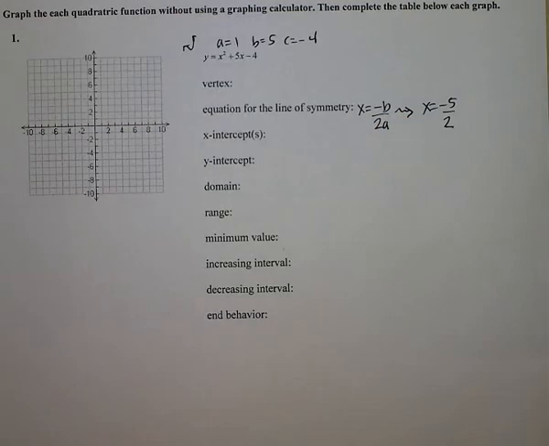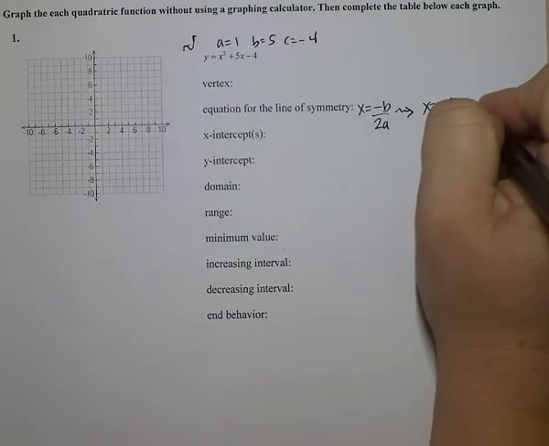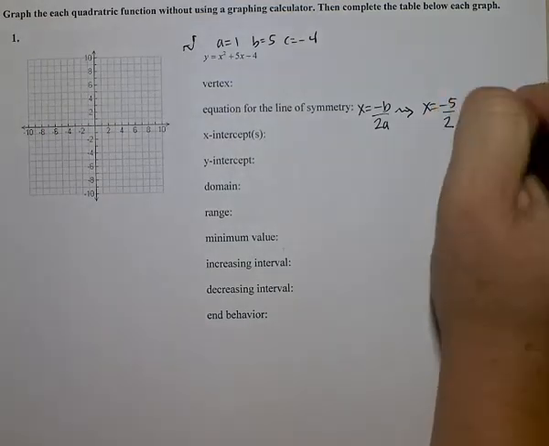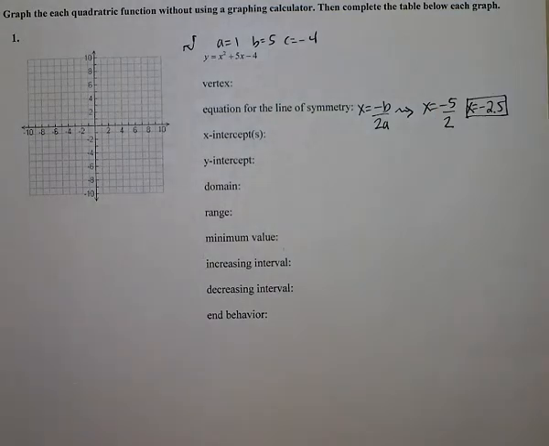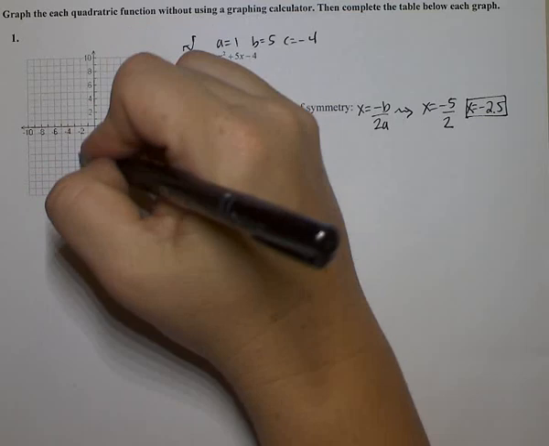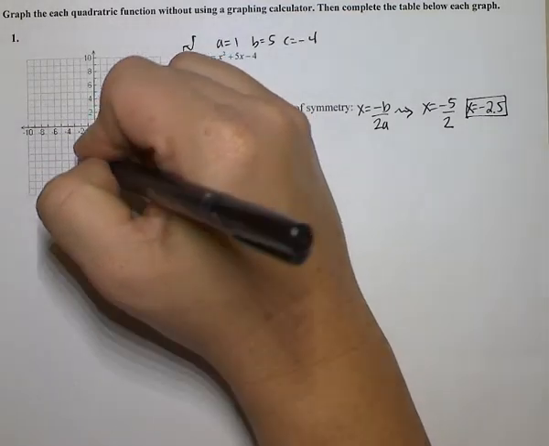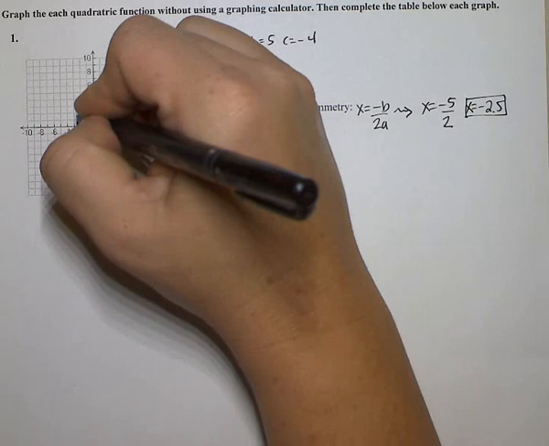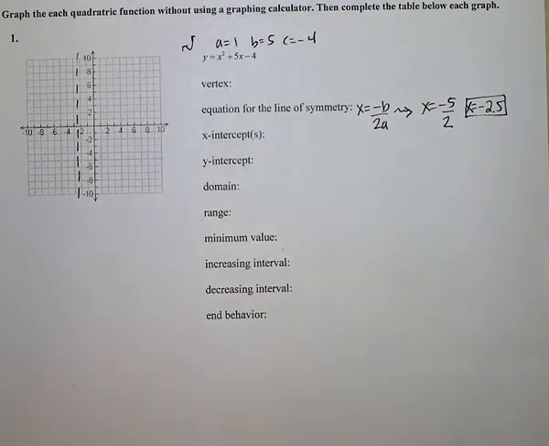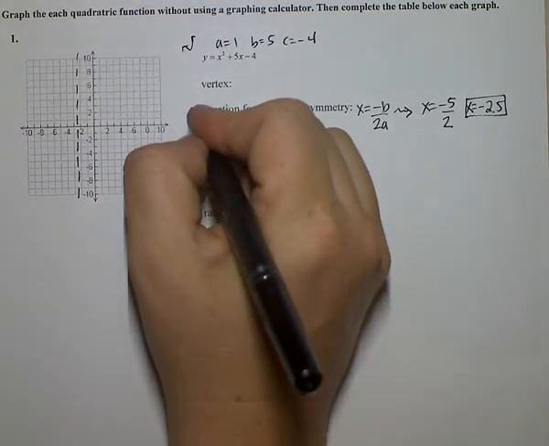If you don't know what half of 5 is, use a calculator and determine. As a decimal, this is equivalent to -2.5. So I come over to my graph, I find here's -2, so -2.5 is right in between. And I'm done with the axis of symmetry.